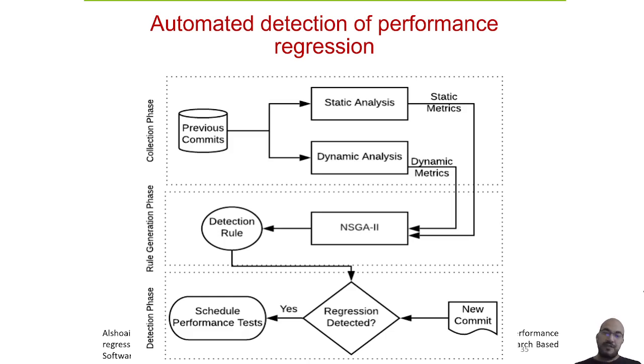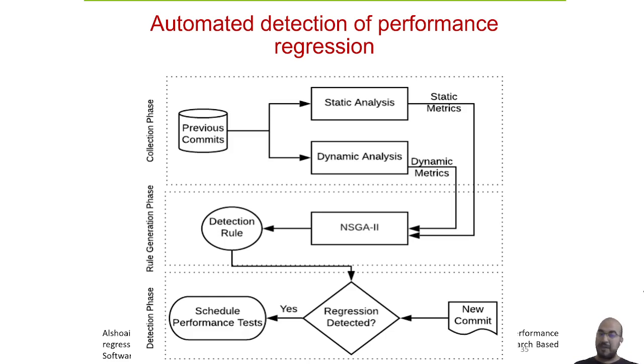We feed those numbers to NSGA-II to come up with a detection rule that tells us, for a given pattern in the metrics, whether a commit is close to the good, safe commits or to the problematic commits. So we are designing a decision tree where we use the metrics we have calculated and their corresponding thresholds to detect whether a commit is problematic or not.